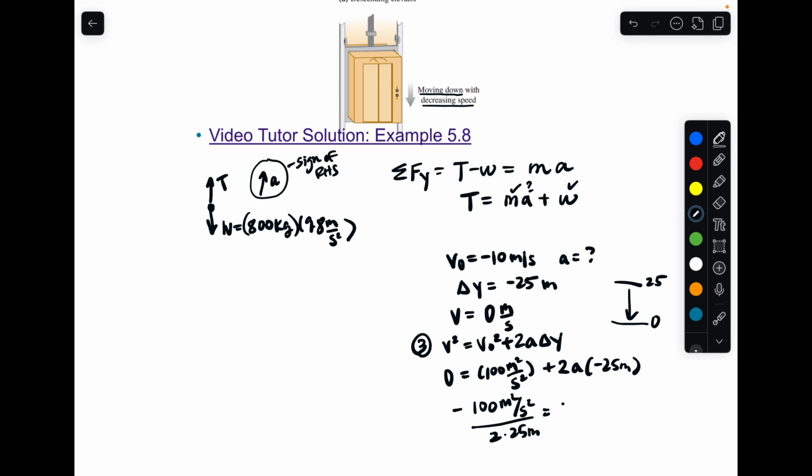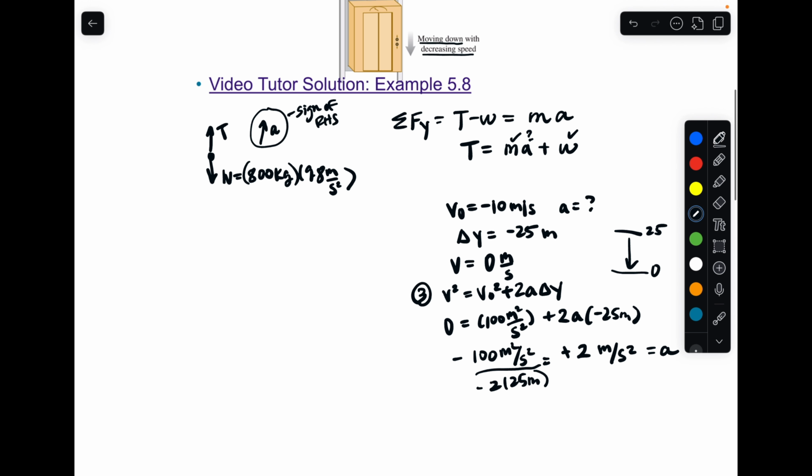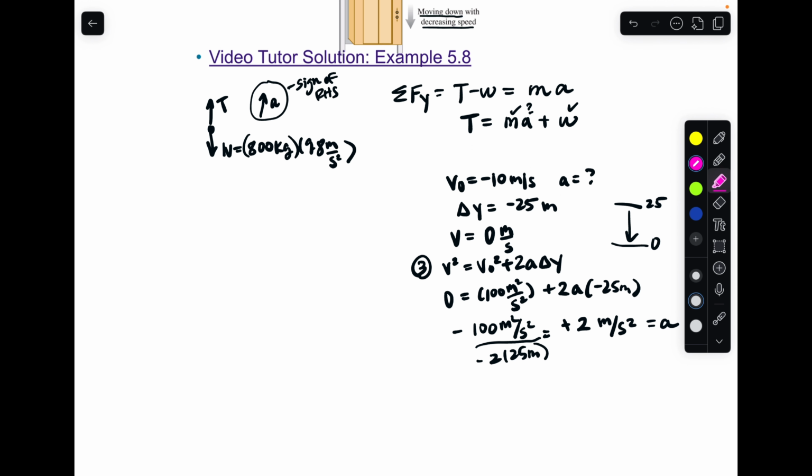And we're going to get positive 2, right? This is 2 times 25. 100 divided by 50. So we're going to get 2 meters per second squared as our acceleration. We can take that acceleration and plug it back into our original equation for tension.